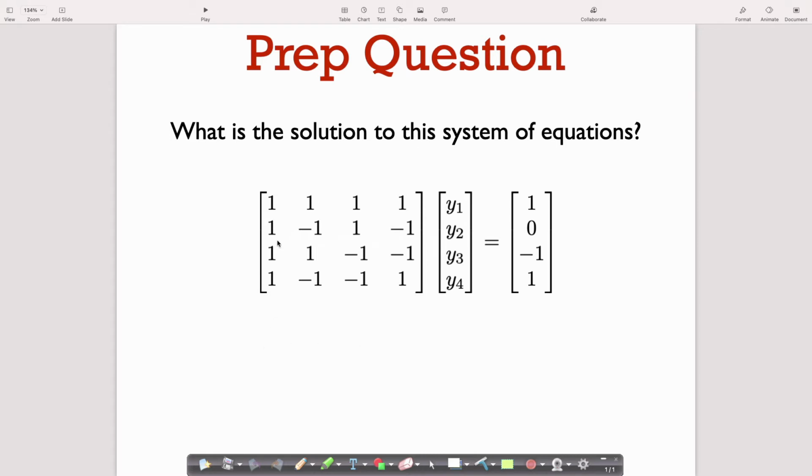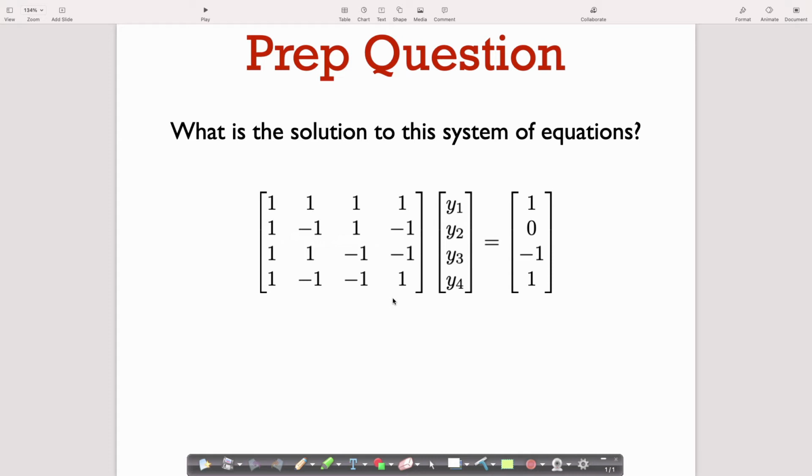Or you might notice that this matrix here is pretty special. The columns are orthogonal to each other. And in fact, this matrix is just the Hadamard matrix tensored with itself with a different normalization.